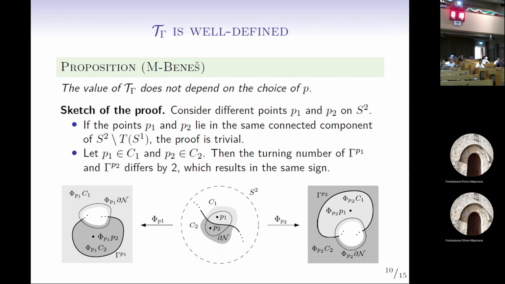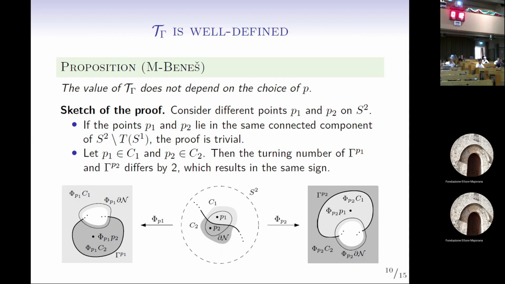So I will just really briefly like to visually show the intuition behind how to prove this. Here we are looking at the two-sphere, and this is part of the tangent map.